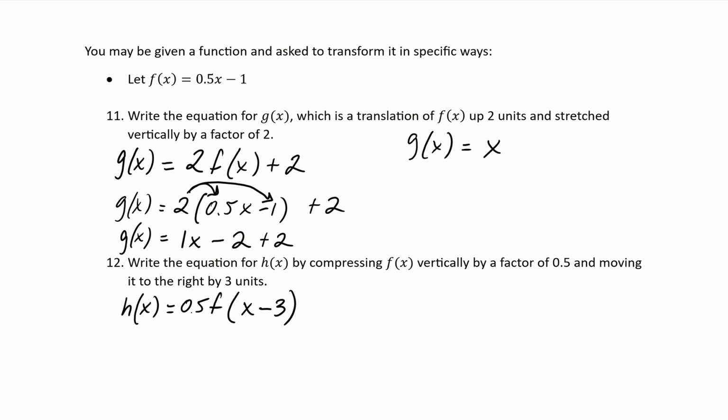Now I can take this all and plug in my original f of x. So h of x is equal to 0.5 times 0.5, instead of x, I'm going to put in x minus 3, and then minus 1.